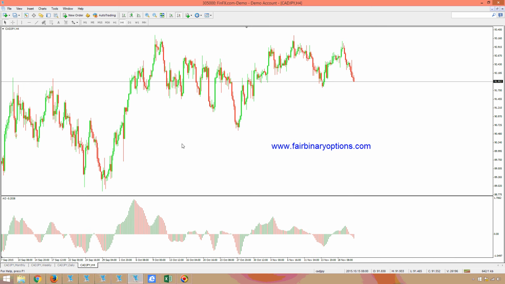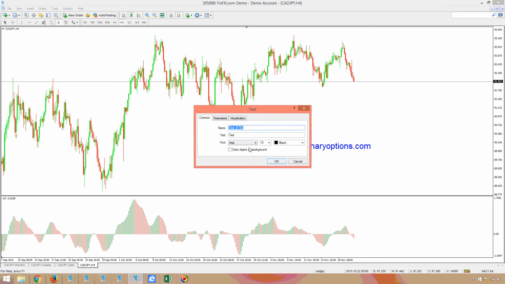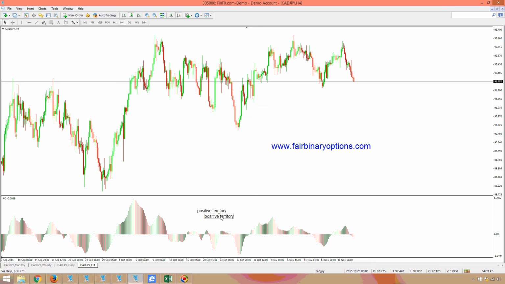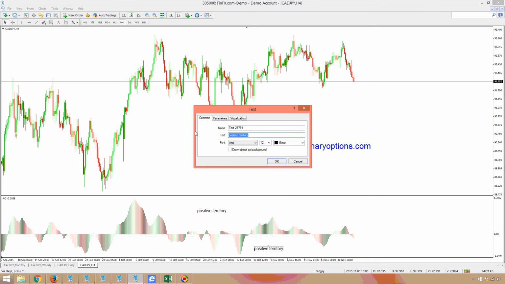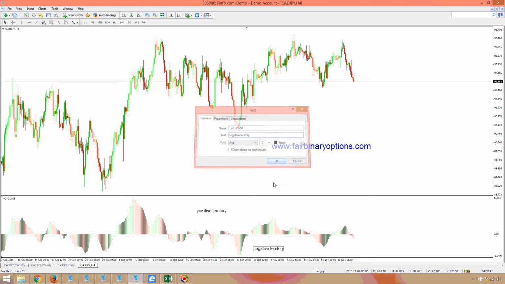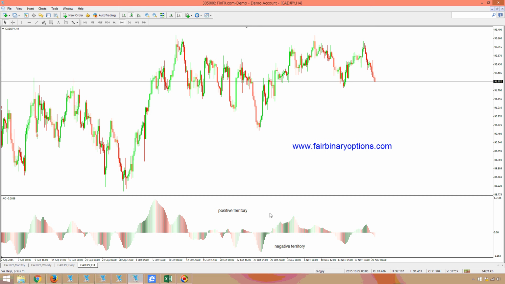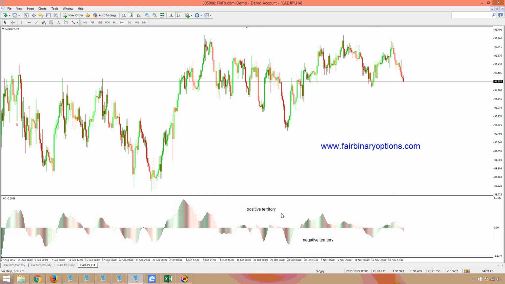Again, like the accelerator, it comes with two values: positive territory and negative territory. One good question is, why should we trade with the awesome oscillator and not with the accelerator?